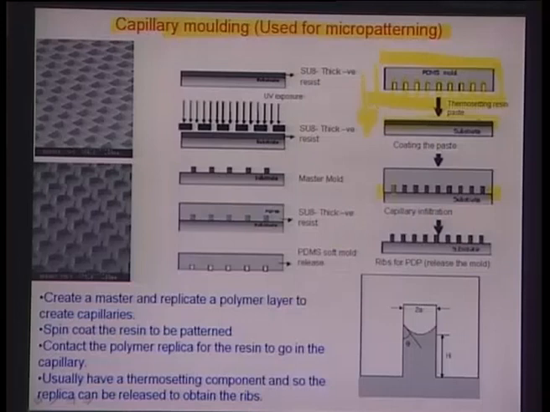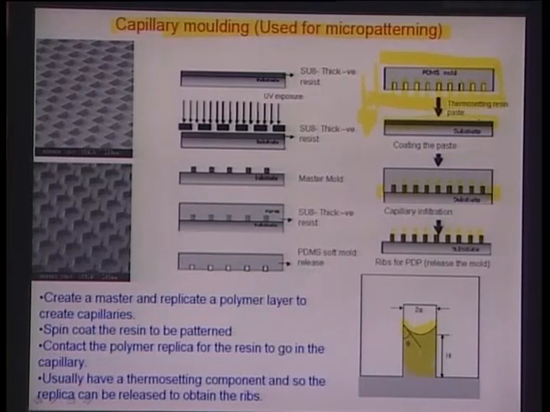Now, some of the practical issues that come while doing this: number one is that there is always a tendency, because of surface tension, for an angle theta to develop between the wall of the microcapillary on the PDMS and the resin material.